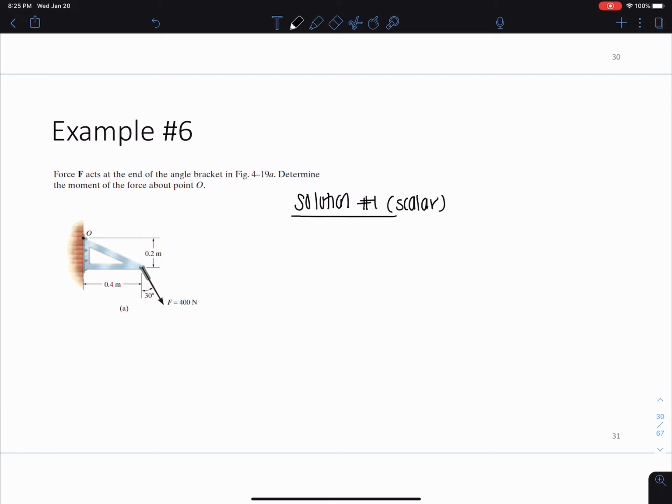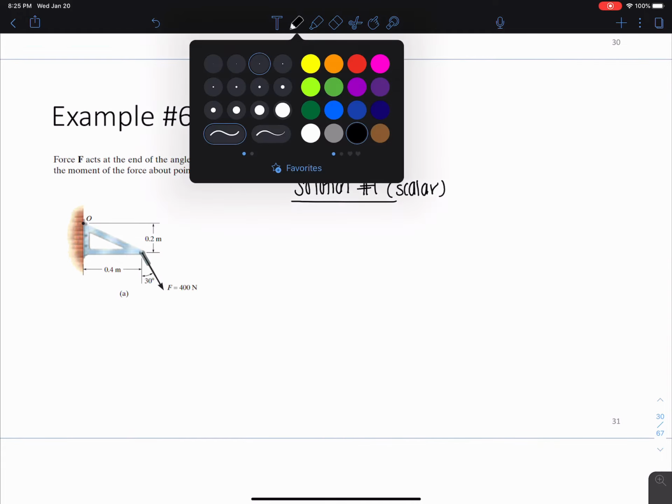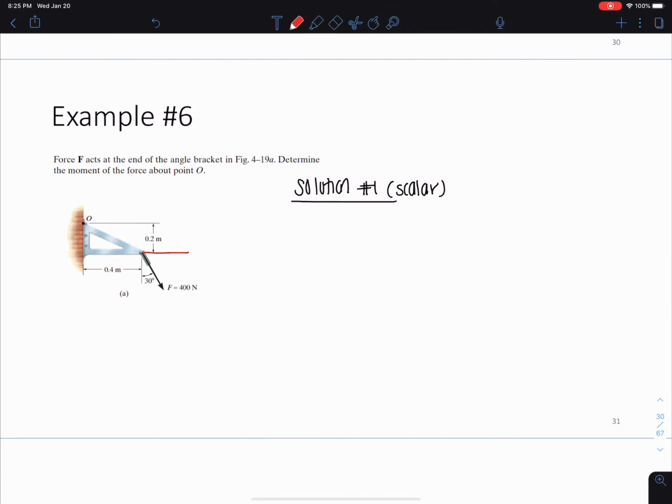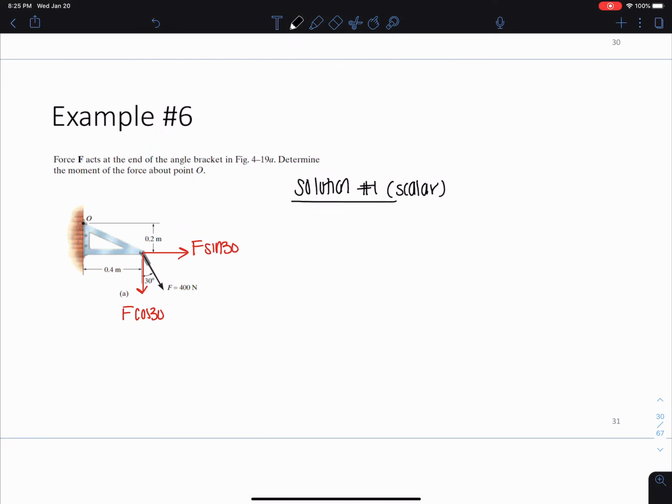So what I want to do here is put this force into components along the x and the y direction. So I would have F sine 30 and F cos 30. And to sum moments about point O, I'm going to assume counterclockwise is positive. I would have the 400 sine 30, and then let's figure out the moment arm now.